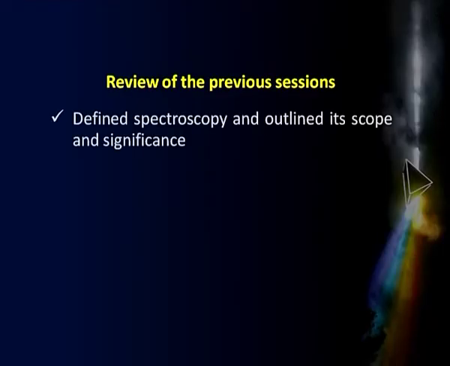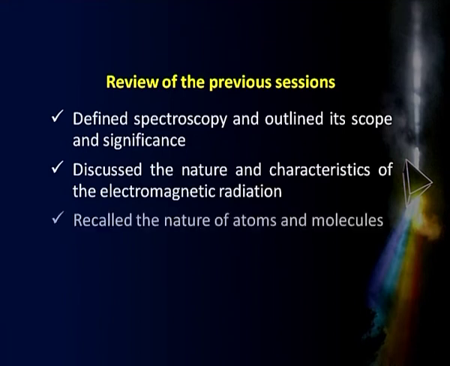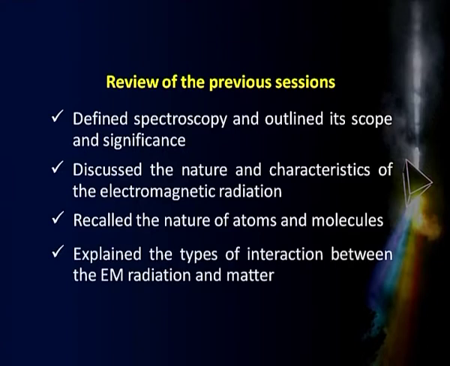What we did earlier is that we started with defining spectroscopy and outlined its scope and significance. Thereafter, we discussed the nature and characteristics of electromagnetic radiation. This was followed by recalling the nature of atoms and molecules in terms of energy level diagrams and quantization. Thereafter, we explained the types of interactions involved between EM radiation and matter.